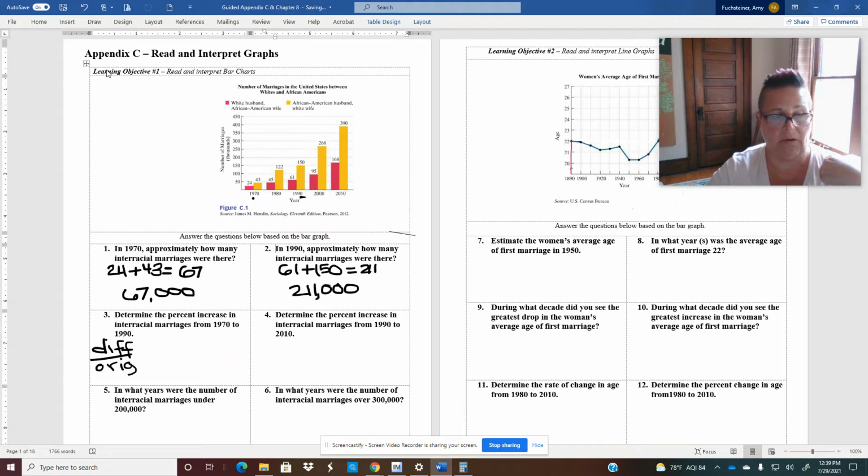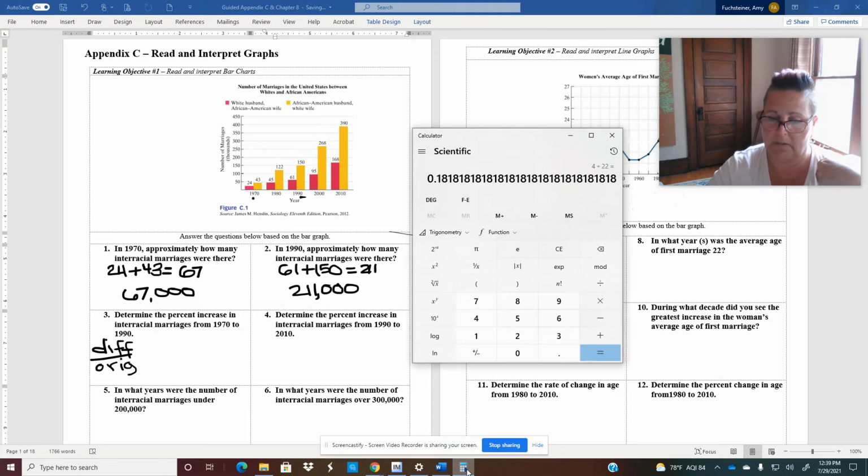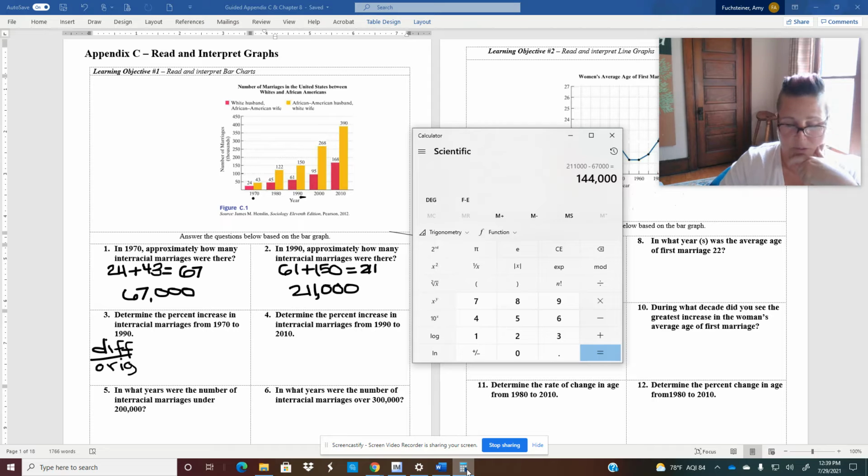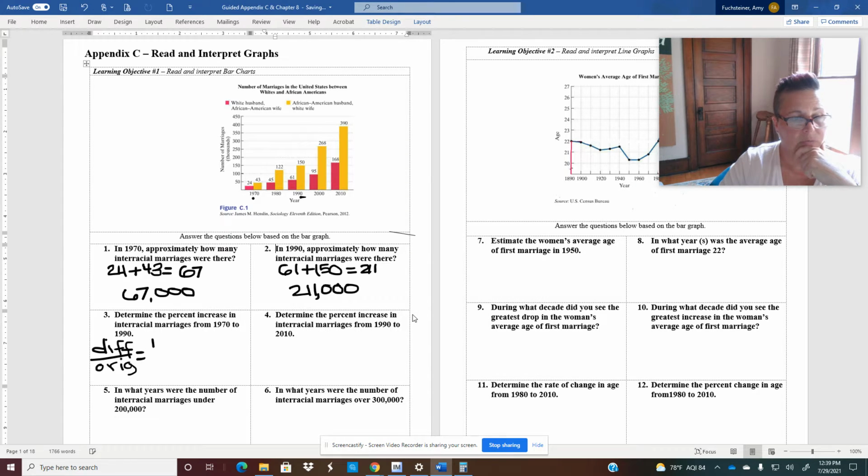So we're going to grab the calculator and we're simply going to pop that up. There we go. We're going to take 211,000, 211. And we're going to subtract from that the 67,000. So we're going to get a difference. There we go. Of 144,000.